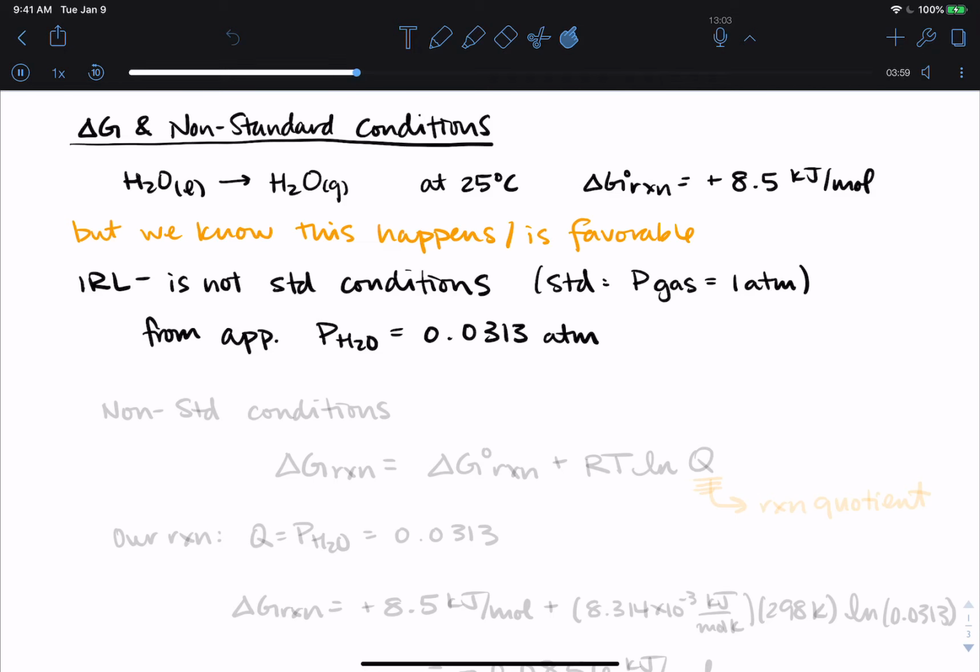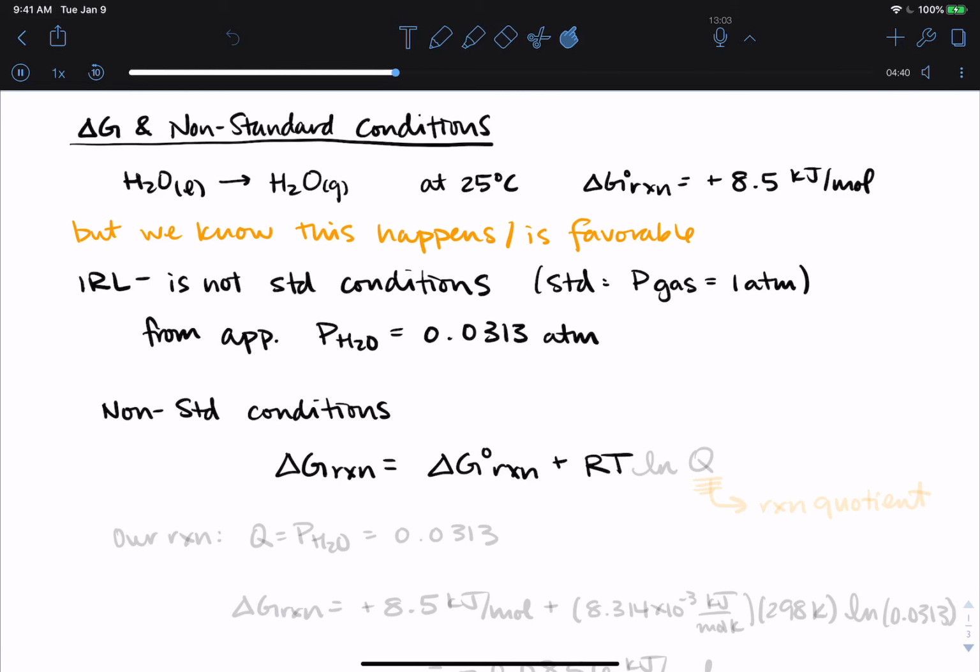We need to get this accounted for in our equation that lets us calculate delta G. So what our equation will reflect, our delta G without a circle, reaction, is the standard delta G reaction with some factor that lets us account for where the reaction is at and which direction it wants to move.